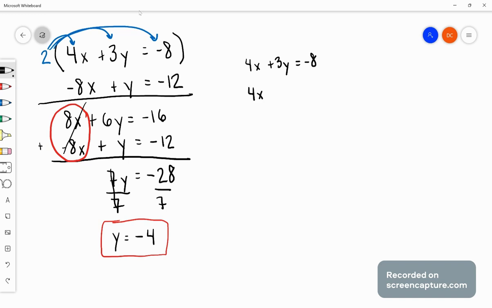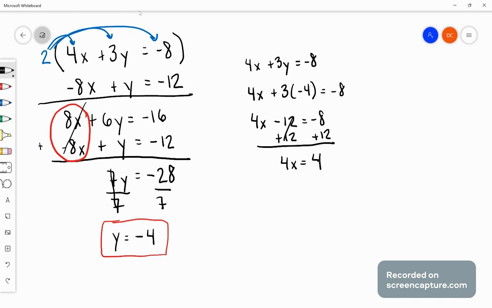So 4x plus 3 times negative 4 equals negative 8. 4x minus 12 equals negative 8. I'm going to add 12, right? And I get that 4x equals negative 8 plus 12, which is 4. And I'm going to divide by 4 on both sides. So I get that x equals 1.